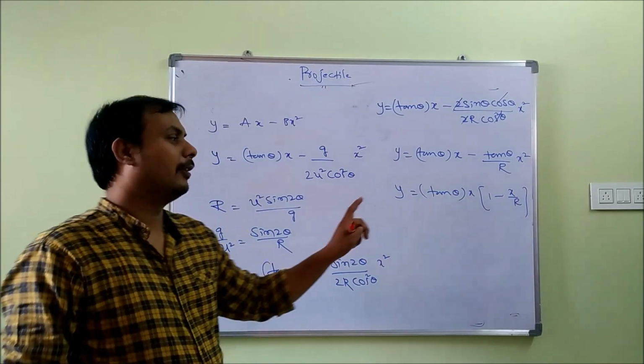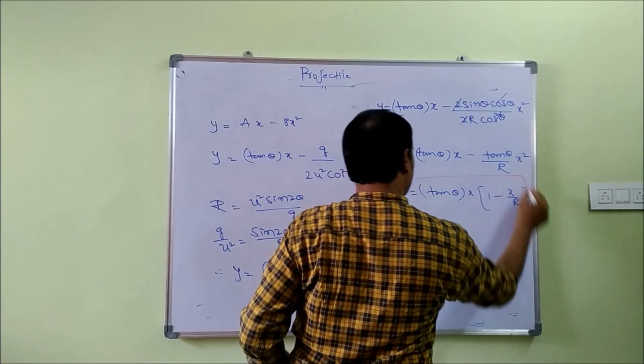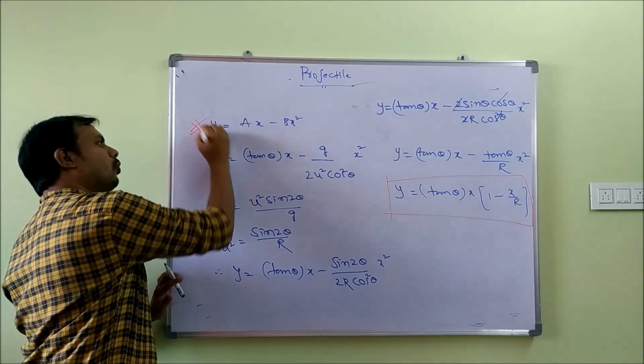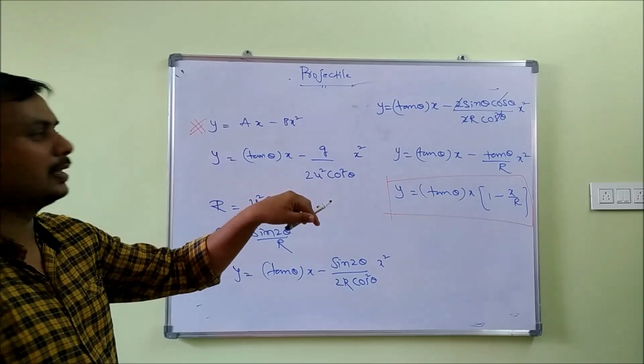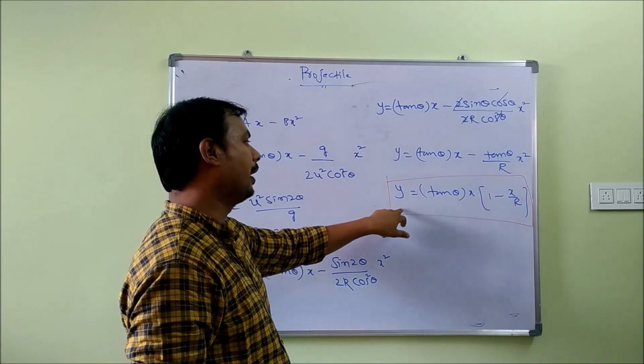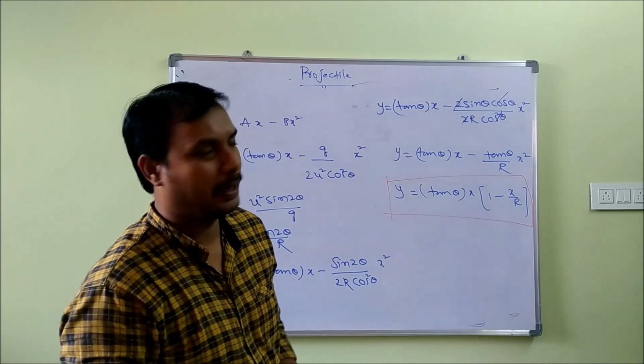It is also one of the forms of projectile motion. So remember, sometimes the question is based on this equation also. This is a basic equation, y equals ax minus bx square, and one more equation in terms of the range, that is y equals tan theta into x into 1 minus x by r.